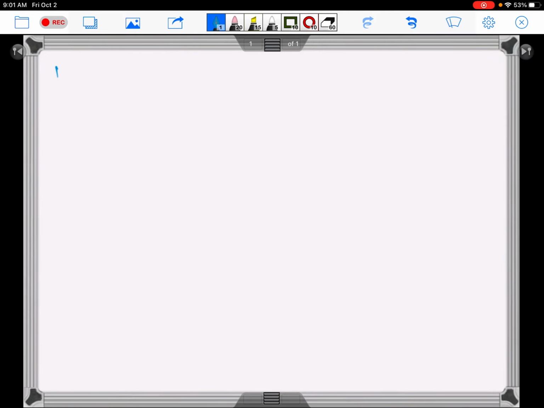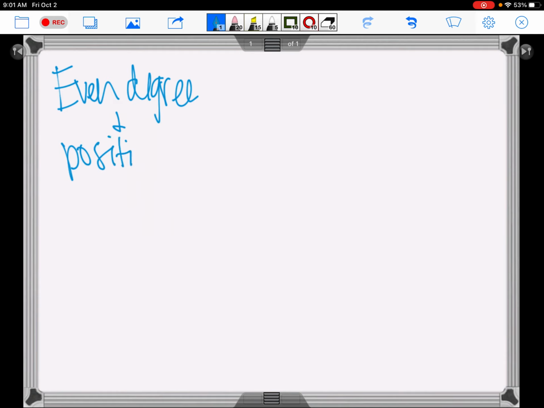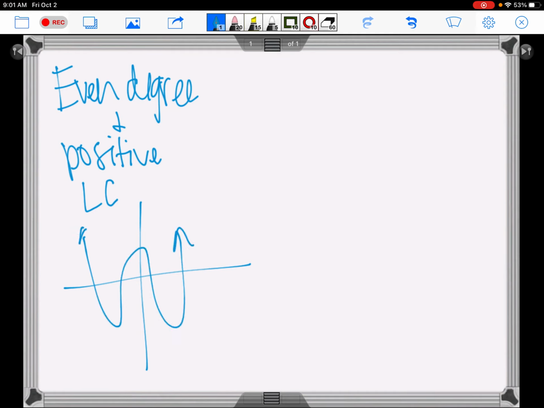If it is an even degree, both ends are going to point in the same direction. However, if it has a positive leading coefficient, they will both point up.